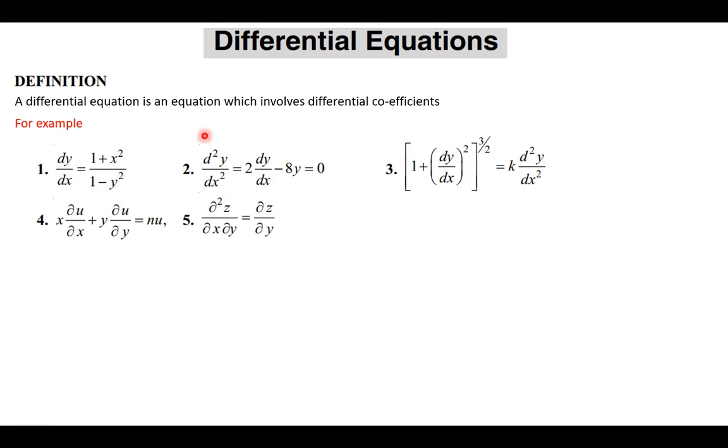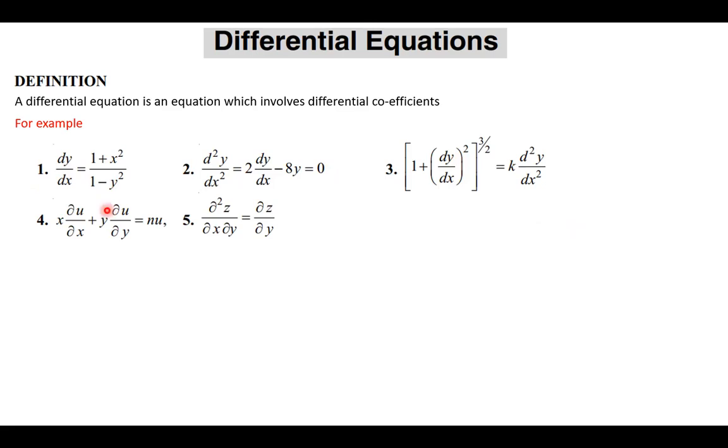This one is also a differential equation with order 2, and the degree is 1. And then this one is also a differential equation, but for you to determine what the order and the degree are, you first need to simplify it. The order here you can get, it's 2, and the degree is 1.